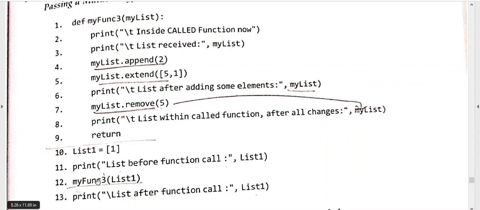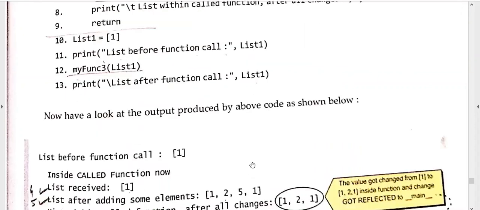So before making this function call, it shows you with the help of a print statement, and after the function call again it will show you the status of the list. Initially the list has only one element, so the output is: list before the function call is 1.